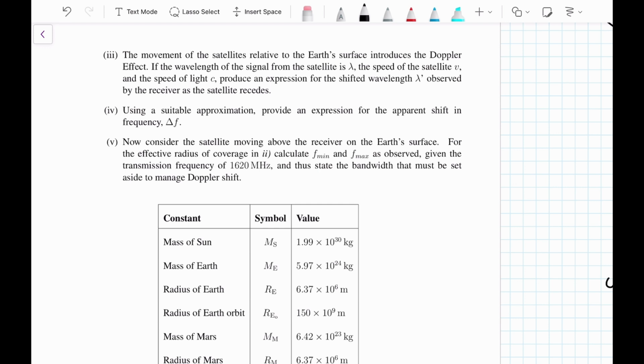Calculate f minimum and f maximum as observed, given the transmission frequency of 1620 megahertz, and thus state the bandwidth that must be set aside to manage the Doppler shift. Okay, so I suppose we can apply the fractional change of frequency as well in this case. And so the only thing that we need is the speed of recession.